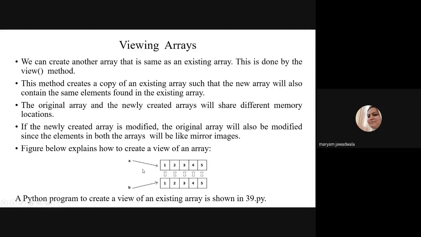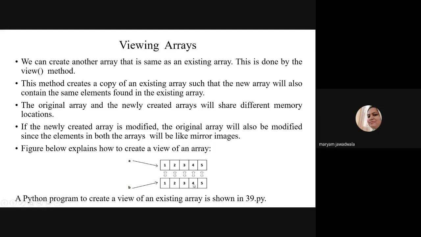This figure shows the viewing of arrays A and B. A is 1 2 3 4 5, and a different copy of the same array is created in memory. The first one is referred to by A, and the second copy is referred to by B.